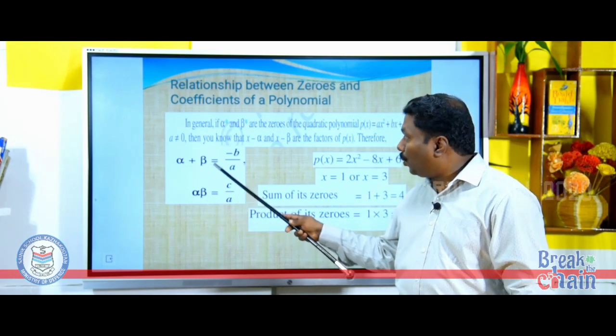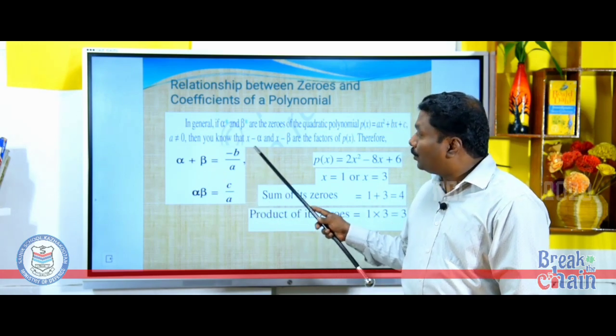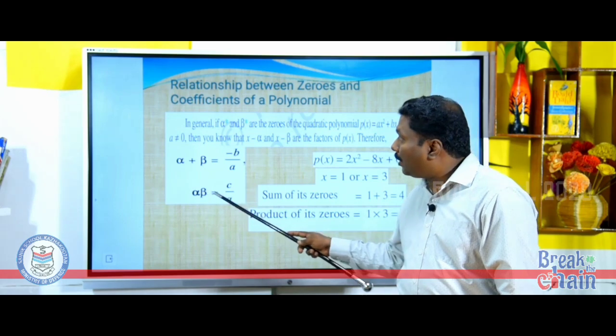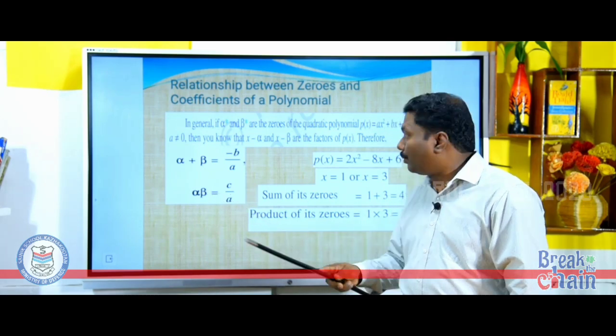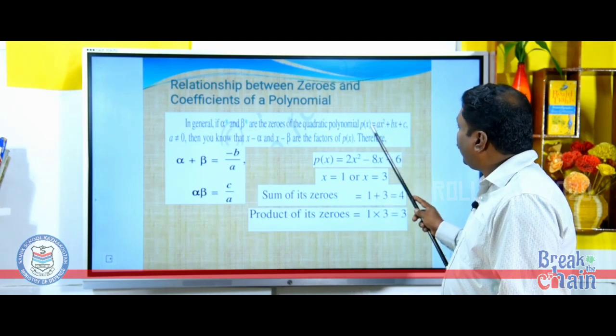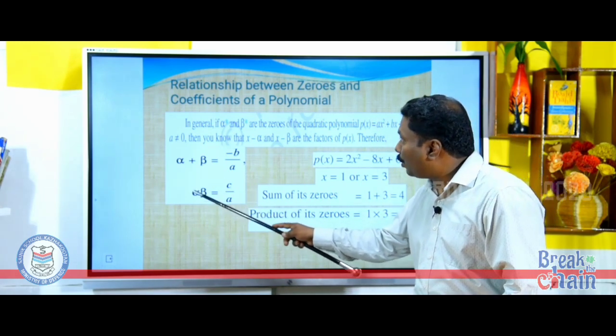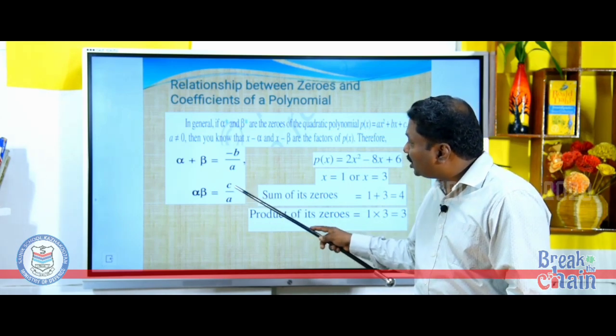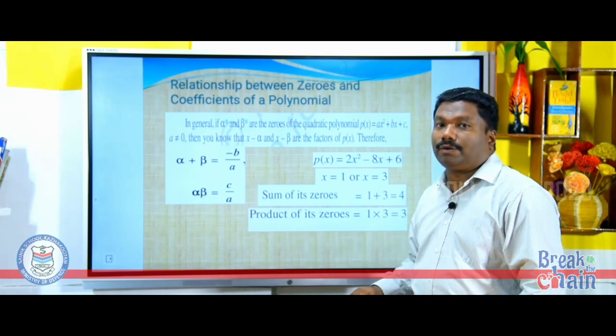The sum of the zeros equals minus the coefficient of x by the coefficient of x square, and the product of the zeros, alpha beta, equals c by a, that is, the constant term divided by the coefficient of x square.